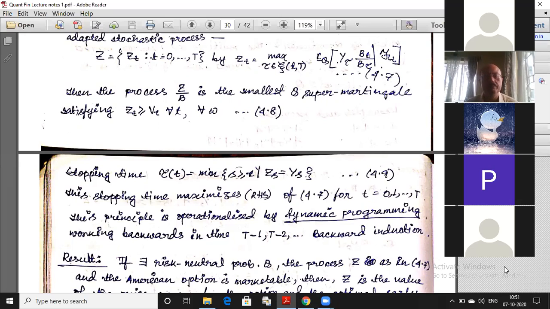Can you tell me if the backward induction process is clear, at least intuitively? Yes, sir.